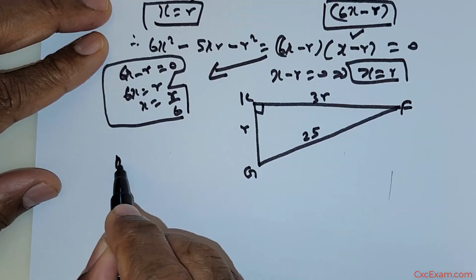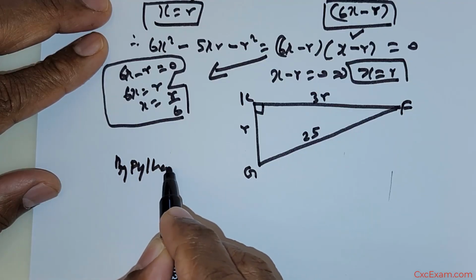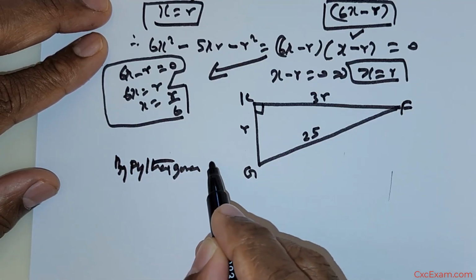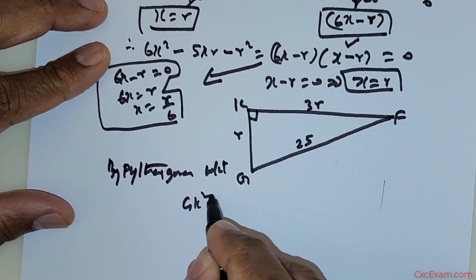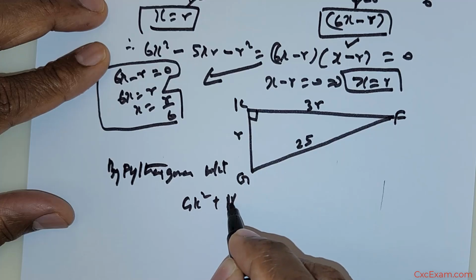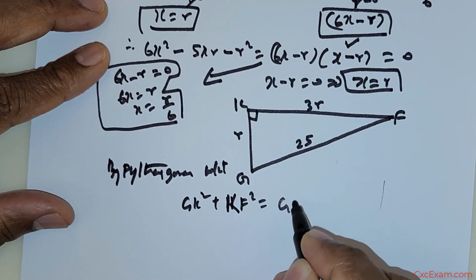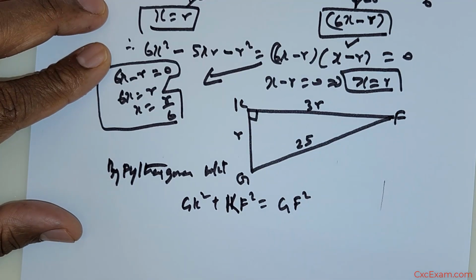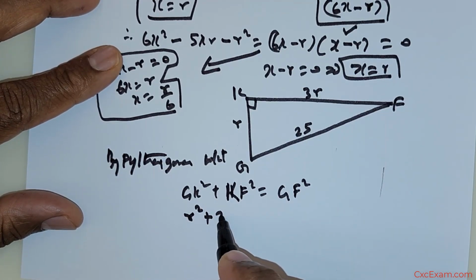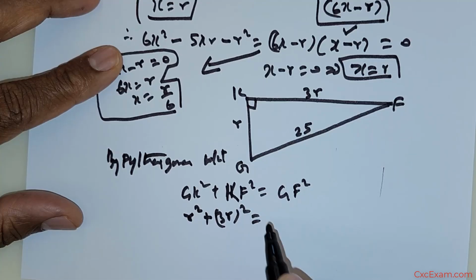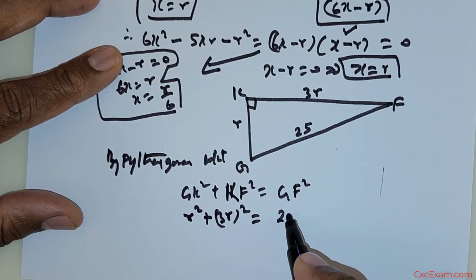So by Pythagoras, we know that GK² + KF² = GF². So GK² is r² plus (3r)² is equal to 25².